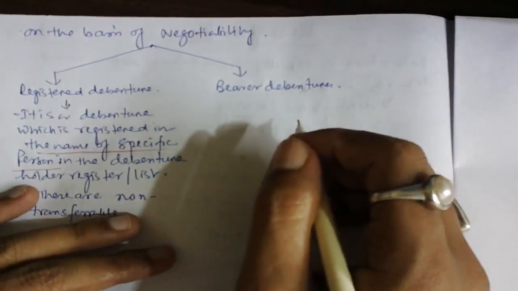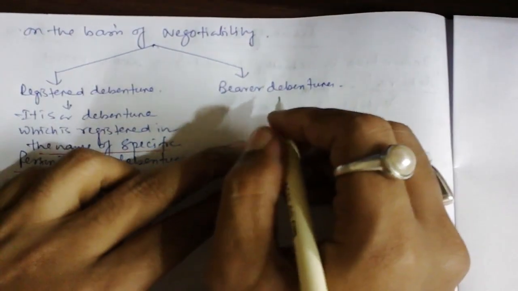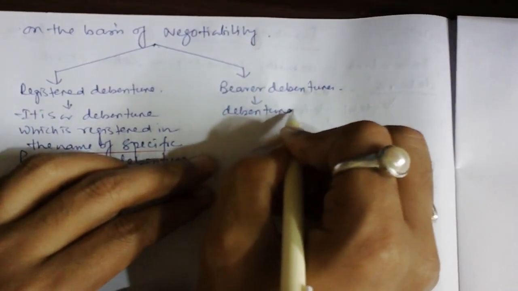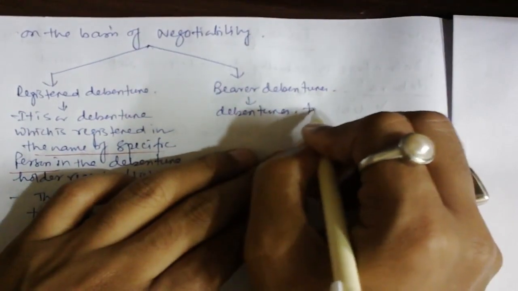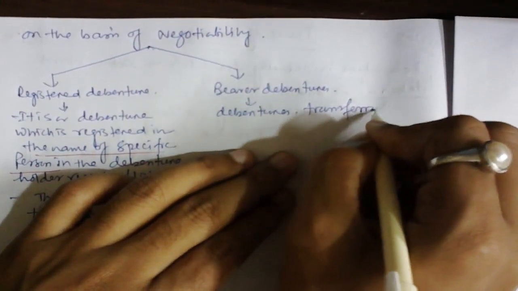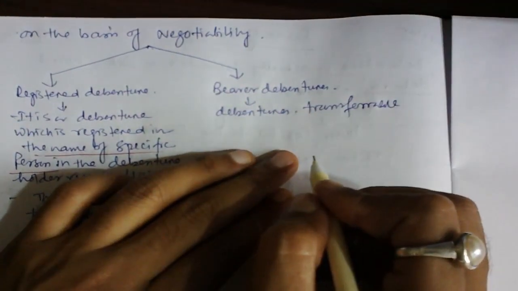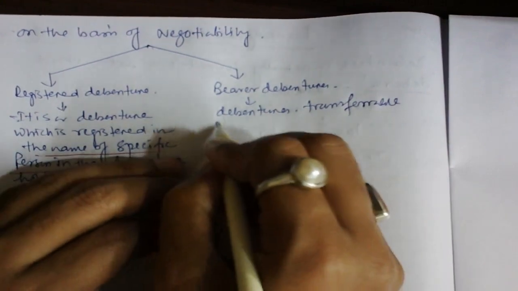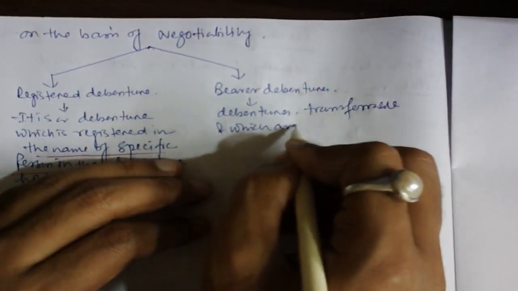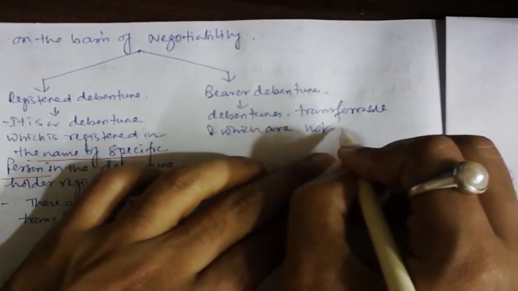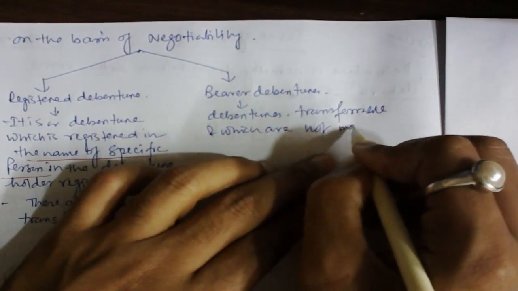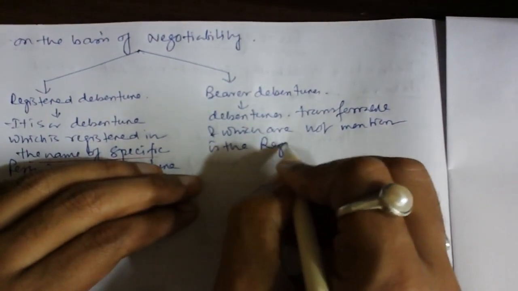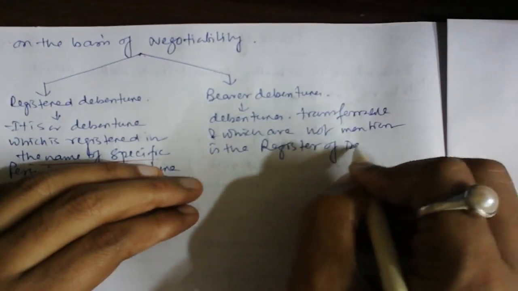So you can write here: debentures are transferable, and they are not mentioned in the register of debenture holders.